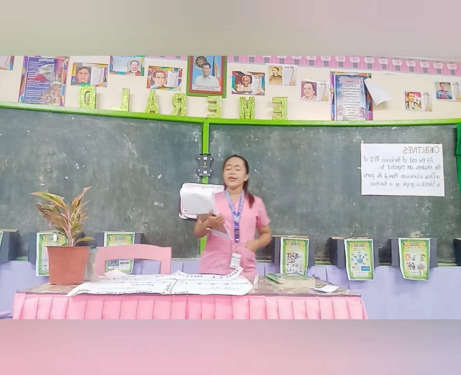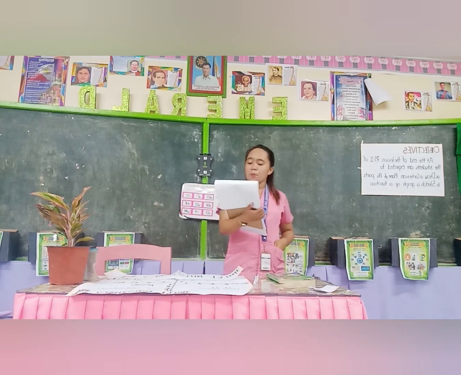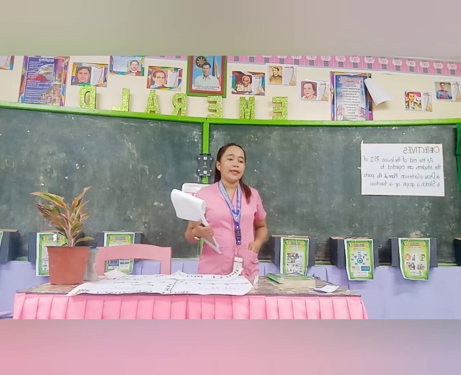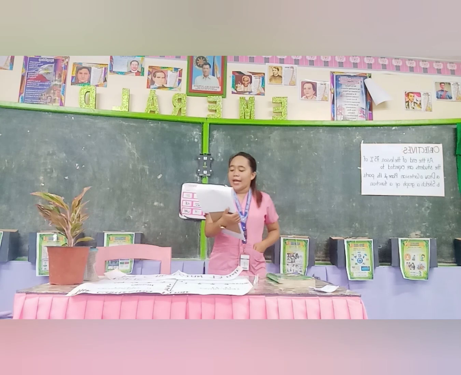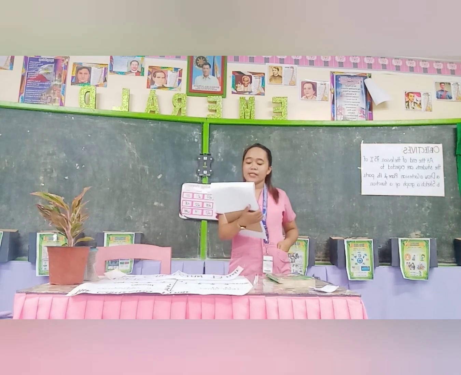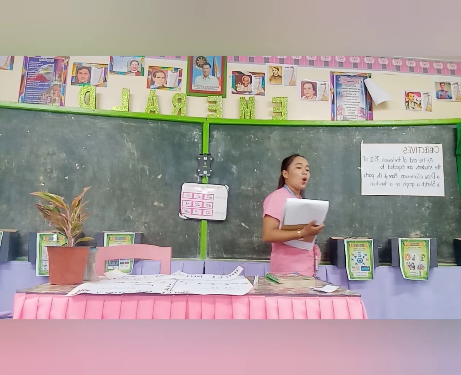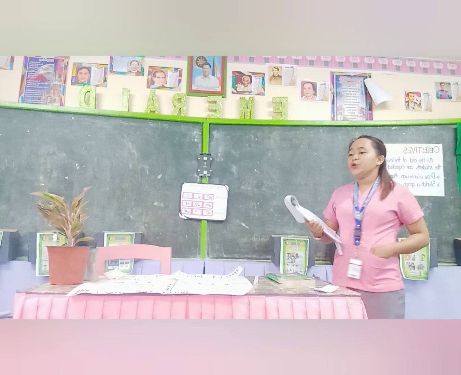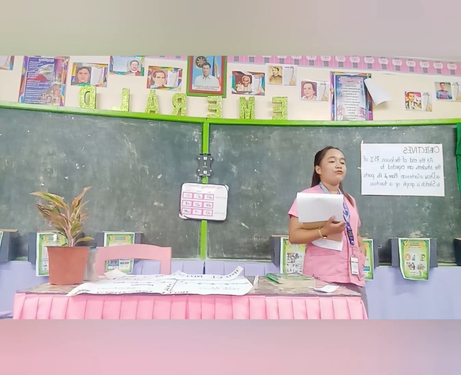Number 2. An ordered pair of numbers can be associated with a point in a plane. It is called blank. Again, an ordered pair of numbers can be associated with a point in a plane. It is called blank. 1, 2, 3, 4, 5.